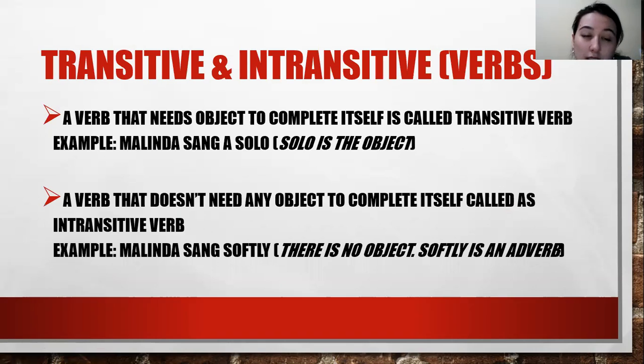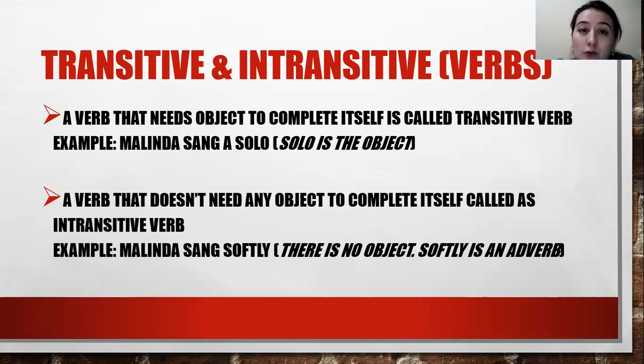This means that if the sentence is not complete, or it is complete with an object after a verb, this type of verb is called transitive. For example, Melinda sang a solo. Yes, Melinda sang, but what did she sing? She sang a solo. So a solo is an object here.